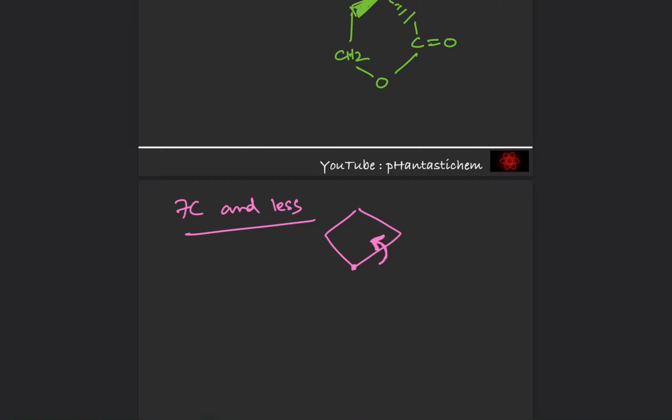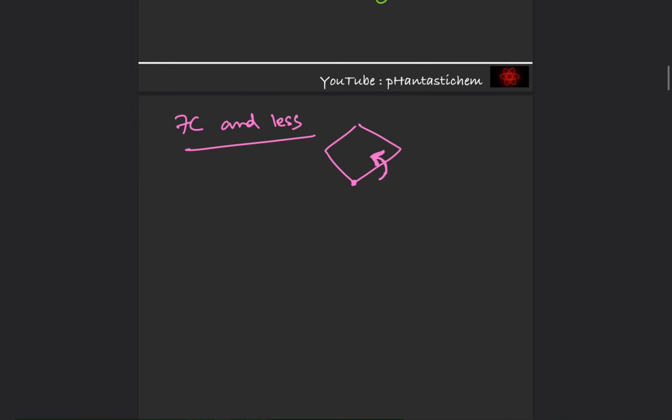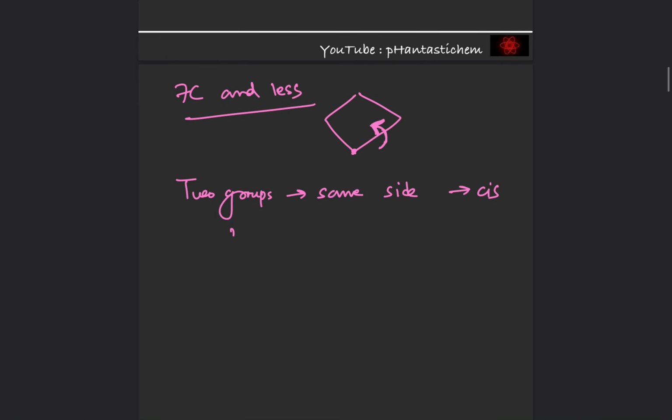Okay, so therefore isomers exist which differ in orientation of groups on the ring. If the two groups are on the same side of the ring, obviously they are known as cis, and if the two groups are on opposite sides of the ring, then they are known as trans.